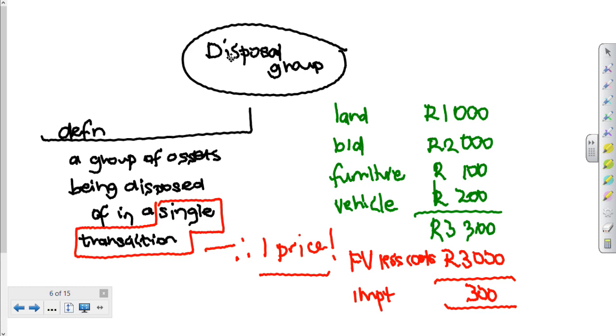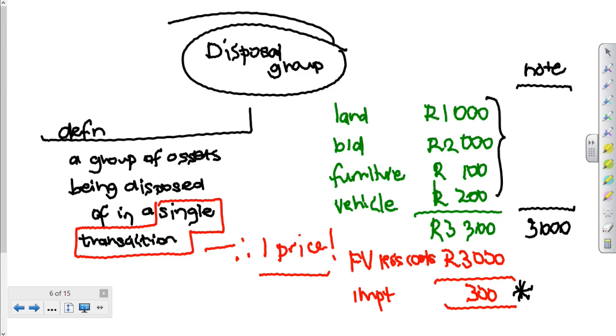So my note that I need to put into my financial statements needs to add up to 3 million, not to 3.3 million, isn't it? So what I have to do with this impairment is allocate it among those items.